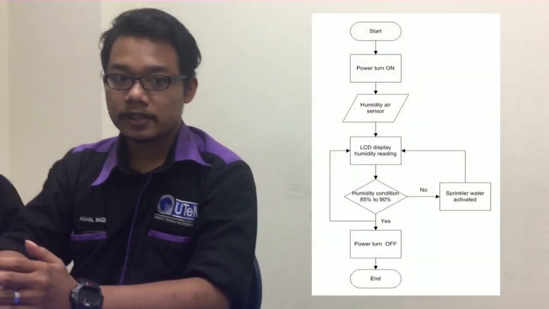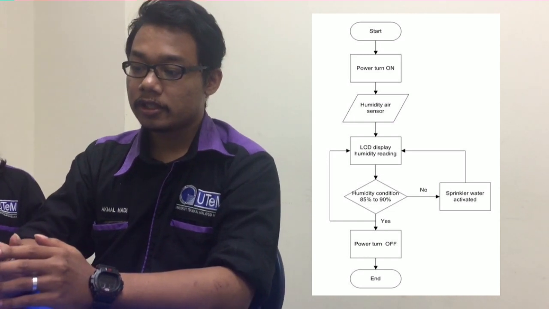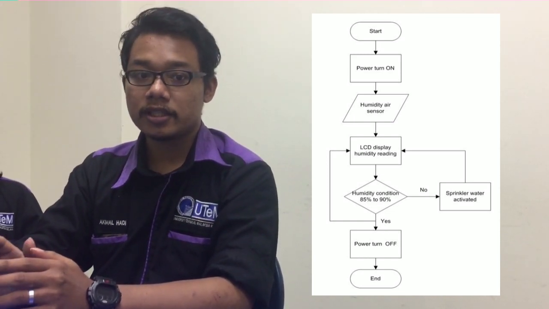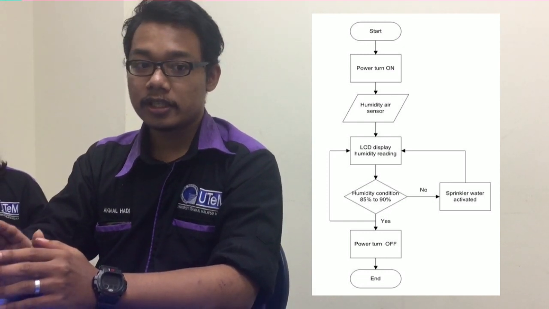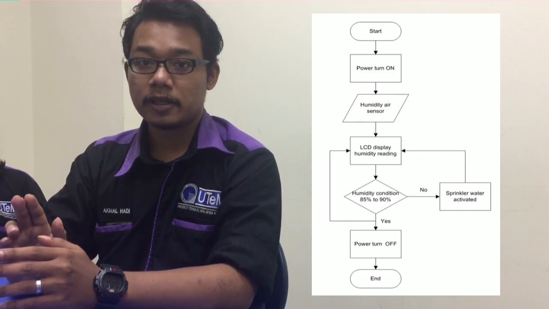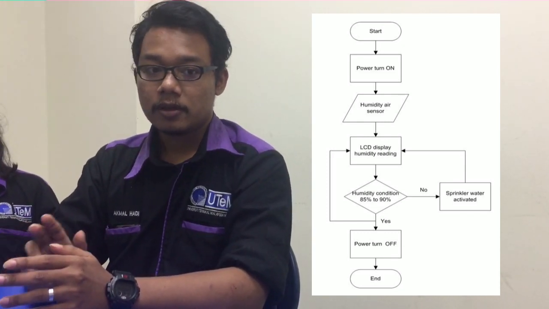Okay, now we will move on to the flow chart, and it will be explained by Mr. Hadi. For the flow chart, the first condition is the power turns on. When the power turns on, the humidity air sensor will turn on and the LCD will display the humidity readings. When the humidity reading is between 85% and 90%, the power will turn off.